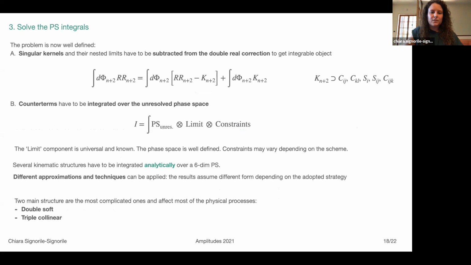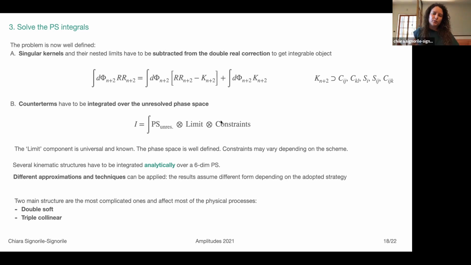So the last ingredient of this subtraction, as I mentioned, is the integral over the unresolved phase space of the counterterm, where I remind you that the counterterm contains all the singular limits of the real matrix element.